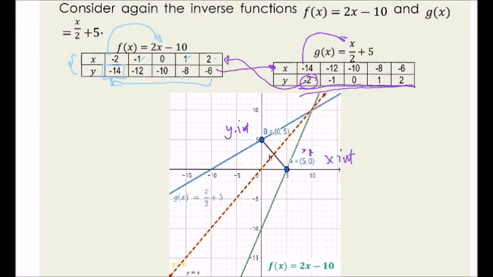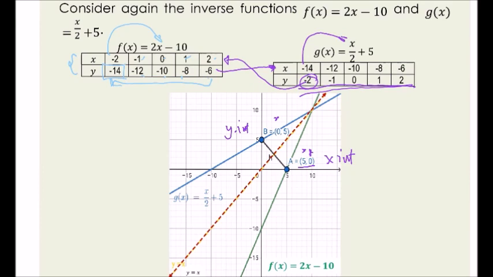Here the y value in f of x became the x value in point B, and the x value in point A became the y value. We can also tell that if we connect these two points with a line, it will be perpendicular to the line y equals x.